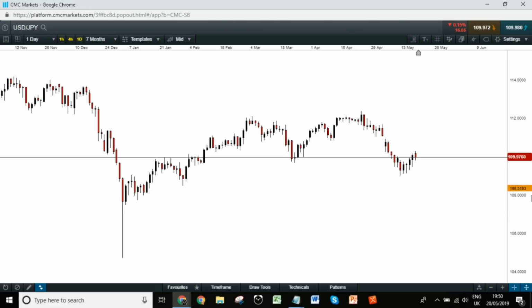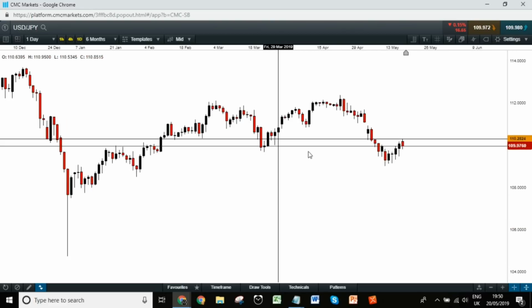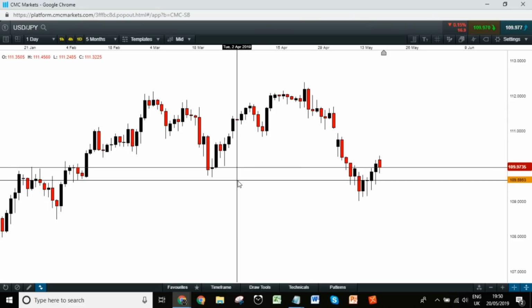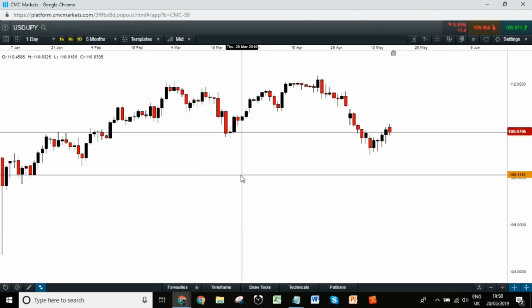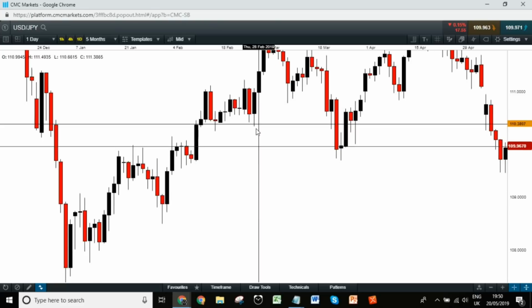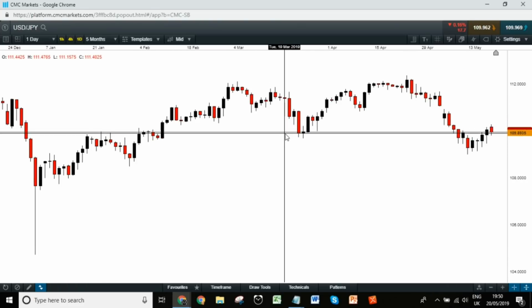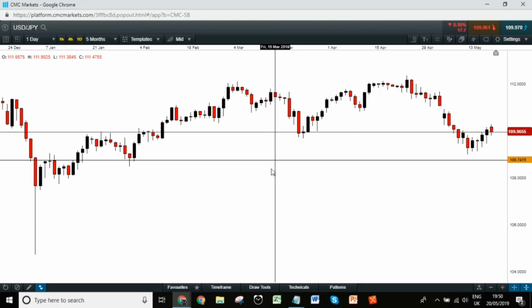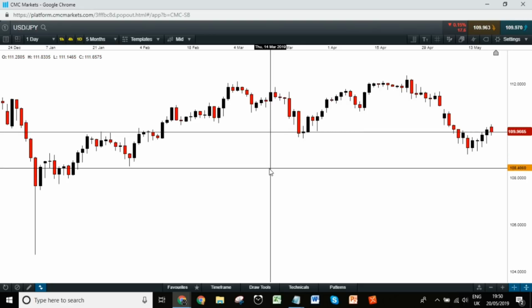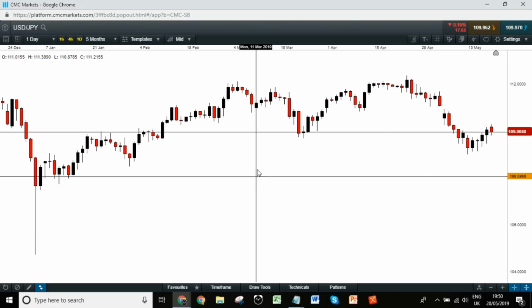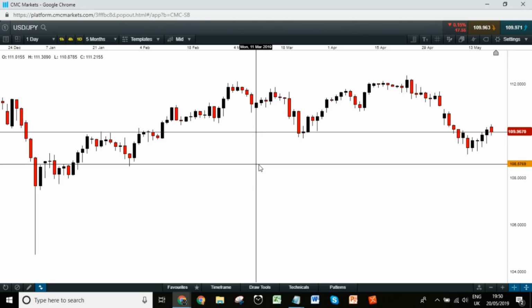So let's just dive into the USD yen, which again isn't a market that I trade. I like to go into different markets for you guys just to show you that this thing works on any single market. But it doesn't work every time. Let's remember that, right? This isn't some sort of magic trick or sorcery. It's still a numbers game, and no matter how the supply and demand event chain plays out, there will be losses.